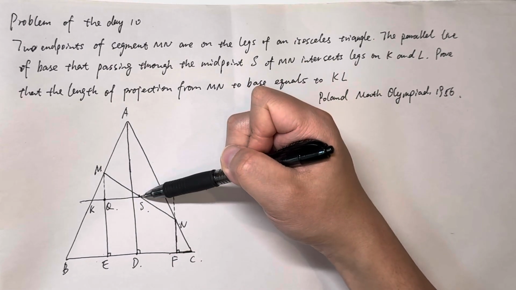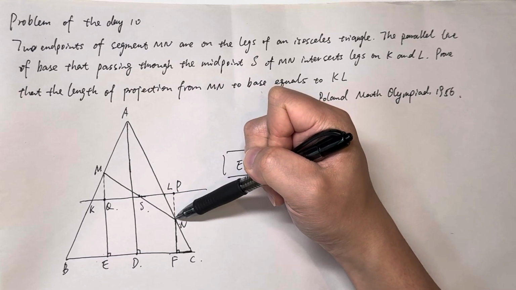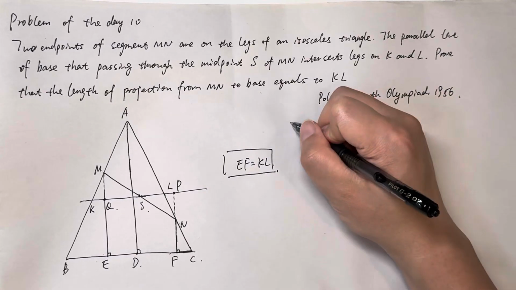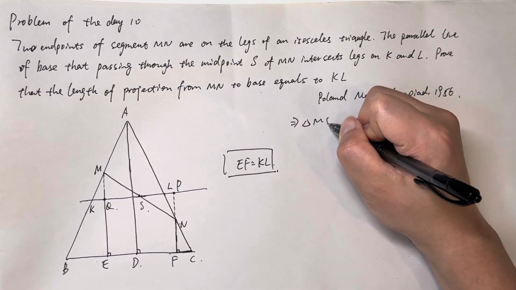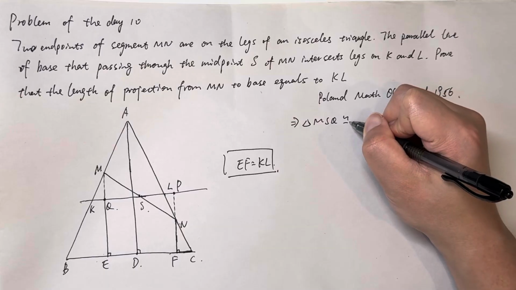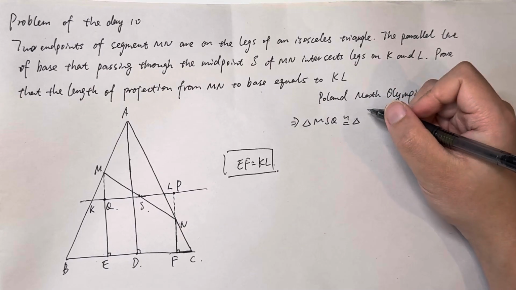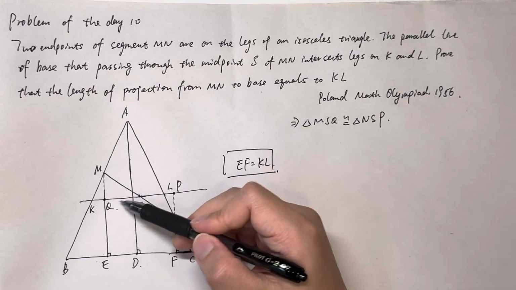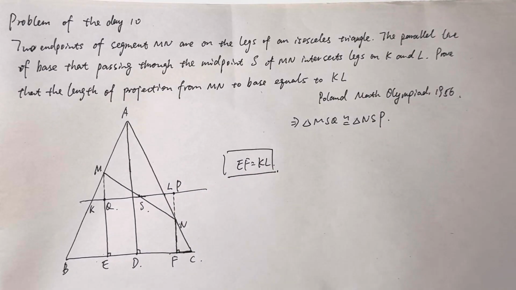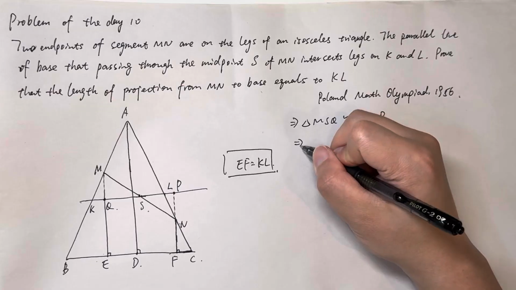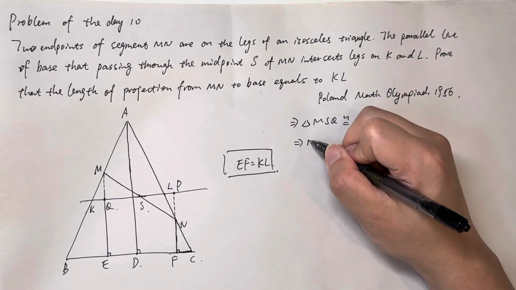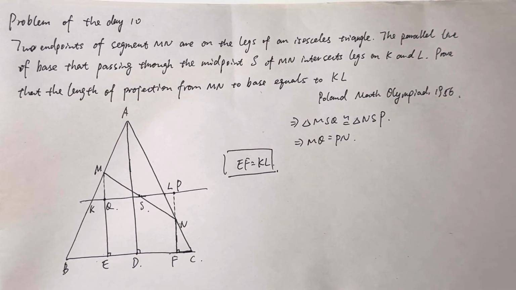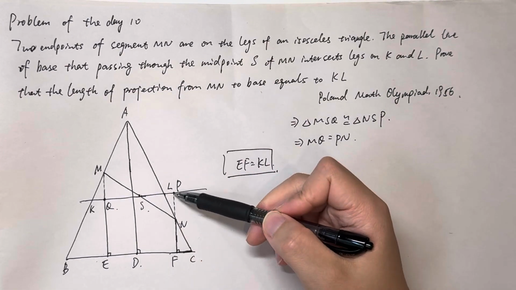Because S is the midpoint of MN, and because MQ is parallel with PN, we easily know that triangle MSQ is congruent to triangle NSP, which means MQ equals PN.